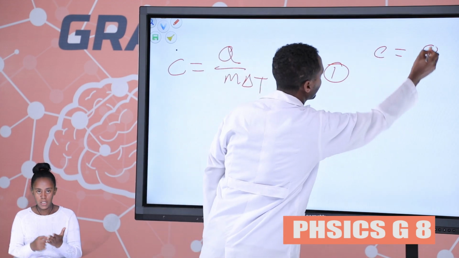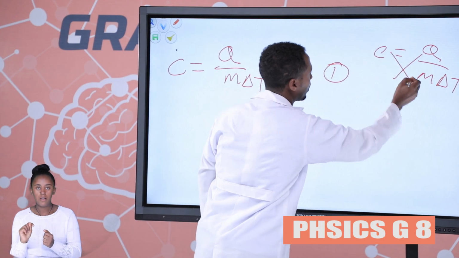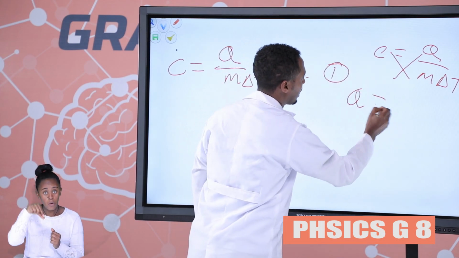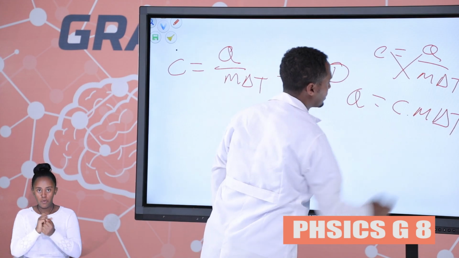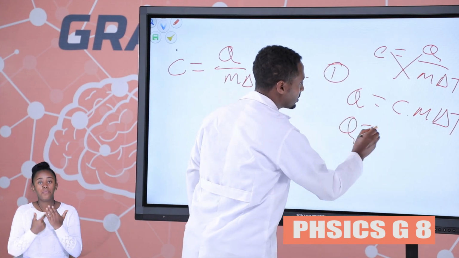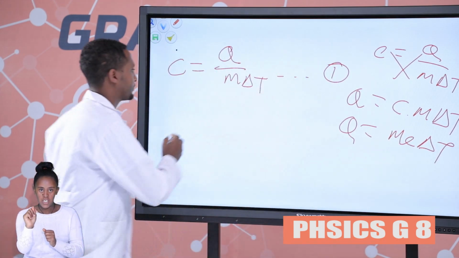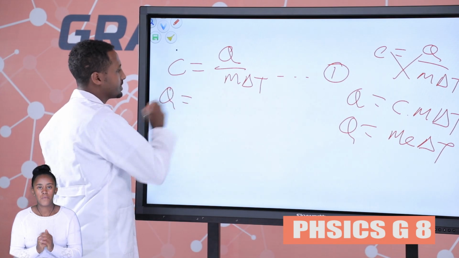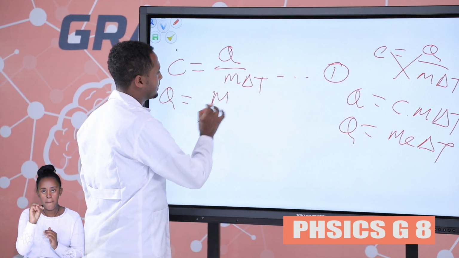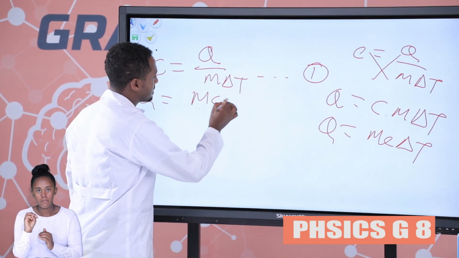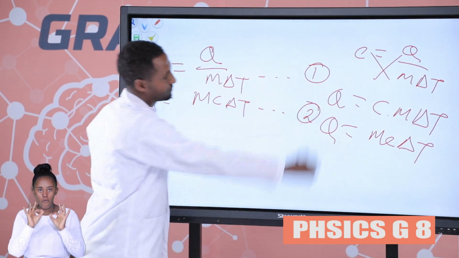C is equal to Q over M change in T, cross-multiplying, Q is equal to C times M change of T. We can say Q is equal to MC change of T, formula 2.